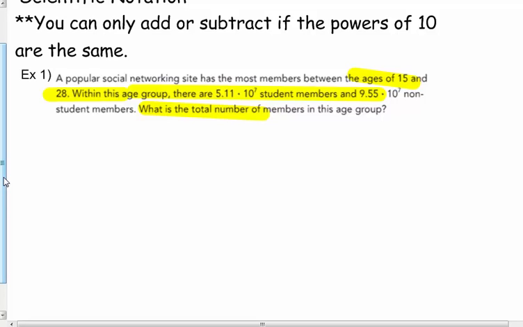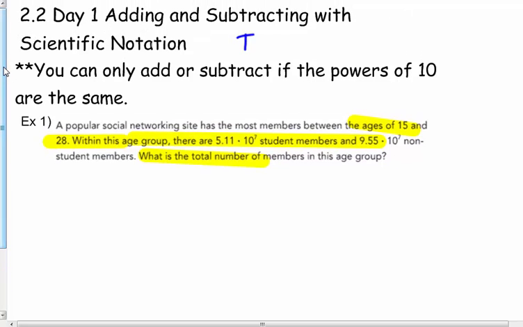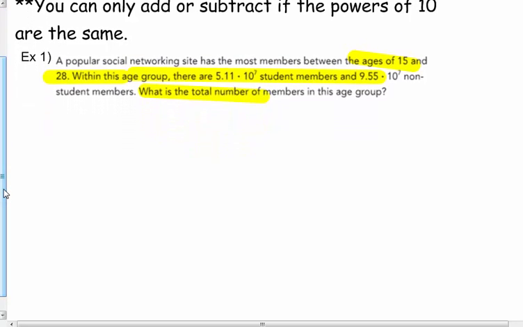So example number 1, which can be found in your textbook on page 68. A popular social networking site has the most members between the ages of 15 and 28.